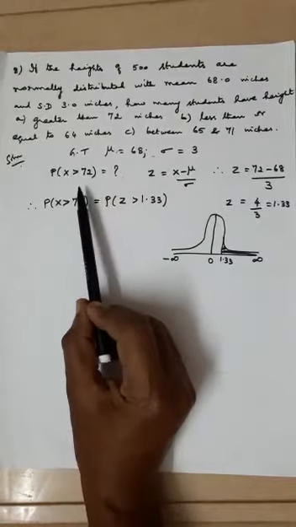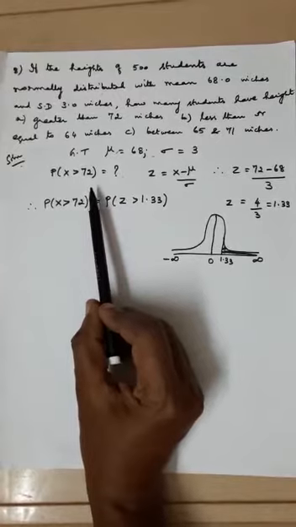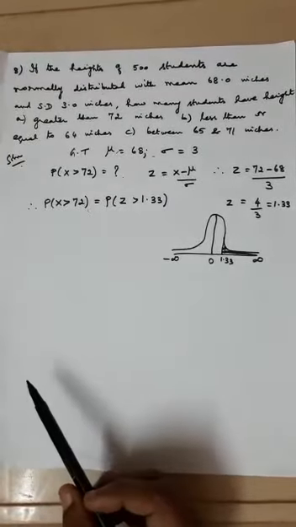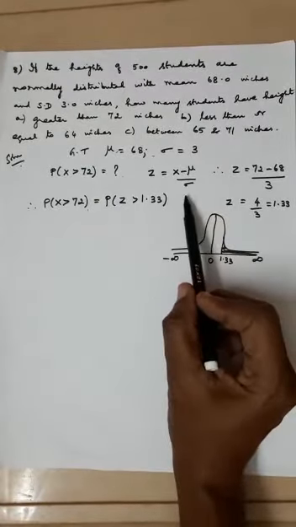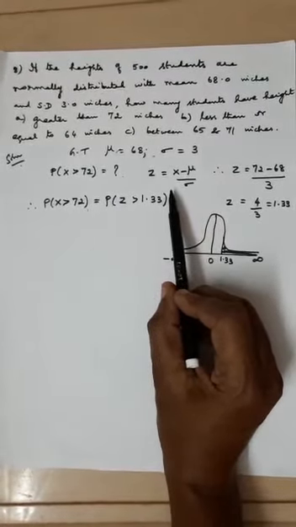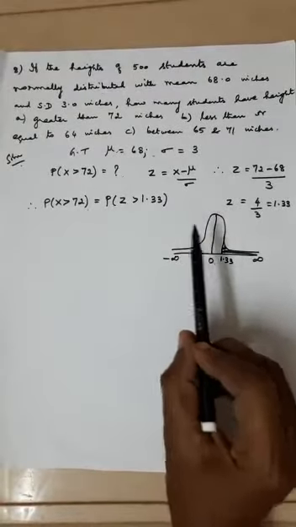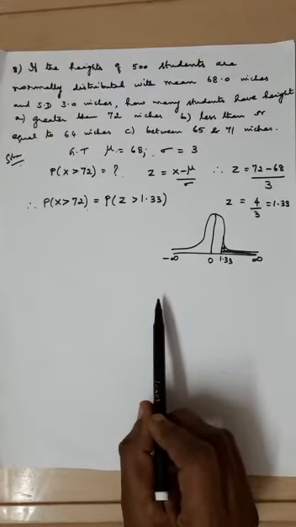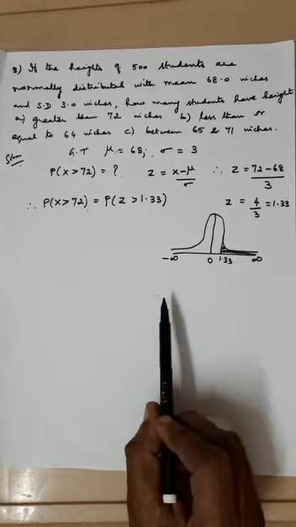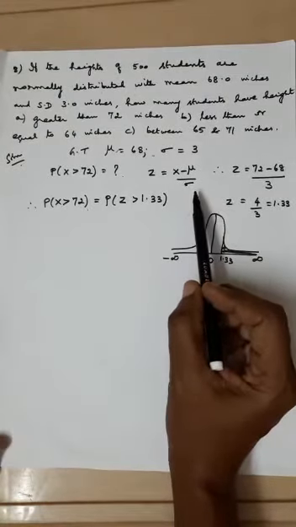Okay, so we have to find P of x greater than 72. Remember, the standard normal variate is nothing but Z is equal to x minus mu by sigma. So we have to find what is Z when x is 72. Once we find Z, only then we can refer to the table where the values are given for the standard normal variate, which is Z. So let us calculate Z, which is equal to x minus mu by sigma.